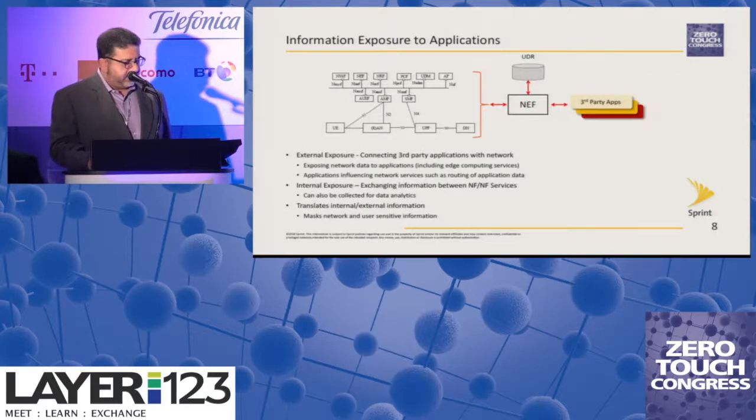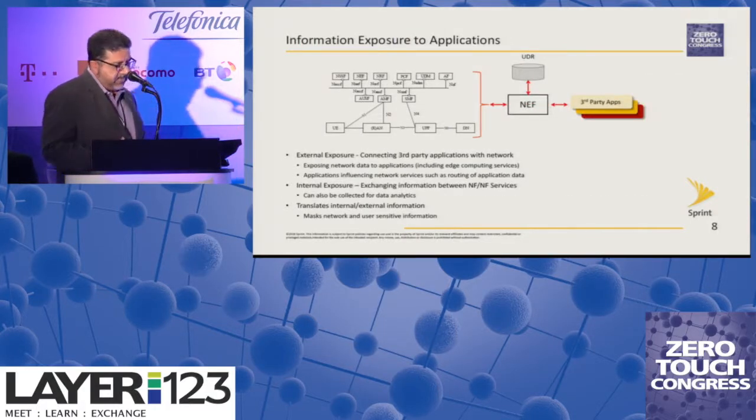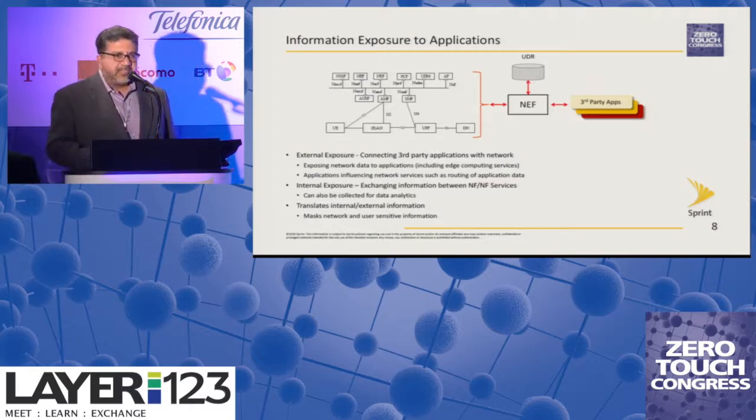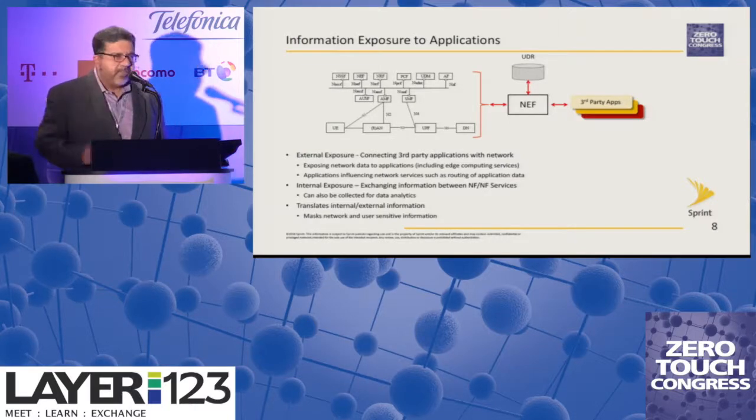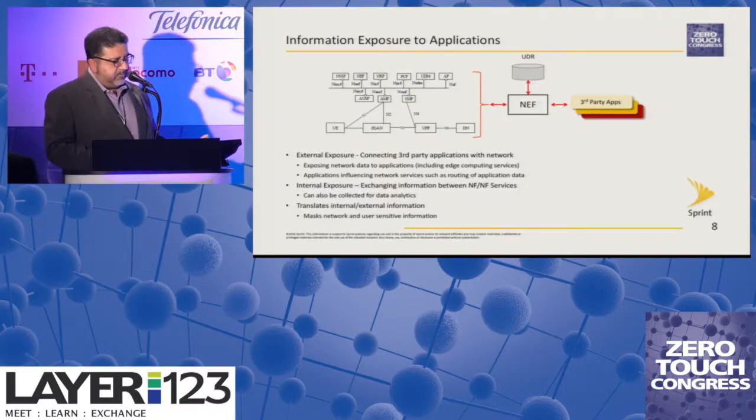So that's nice. And then finally, we have this information exposure. Here we have the network exposure function. It's really a gateway, or maybe it's better to call it a firewall for moving exposed information, because it does so securely. So we have internal and external exposure.